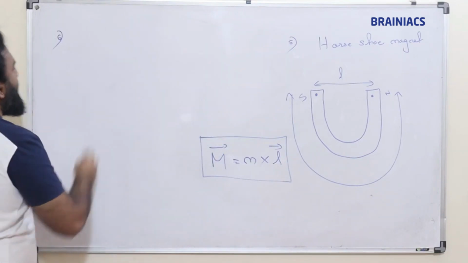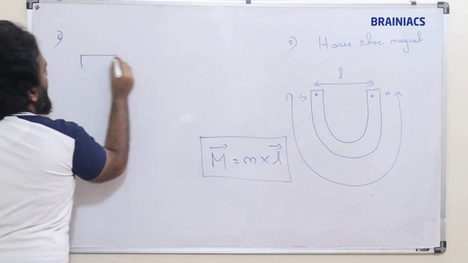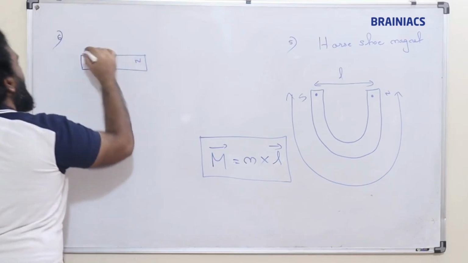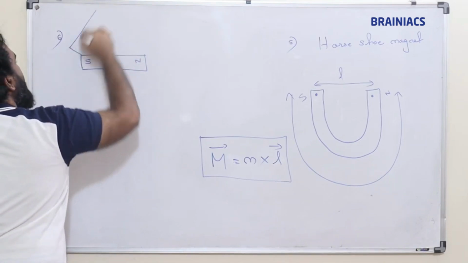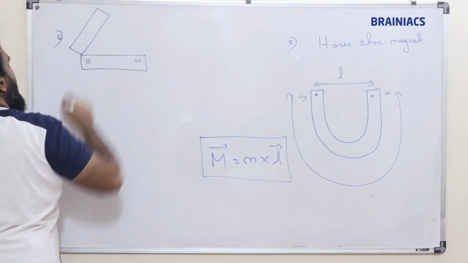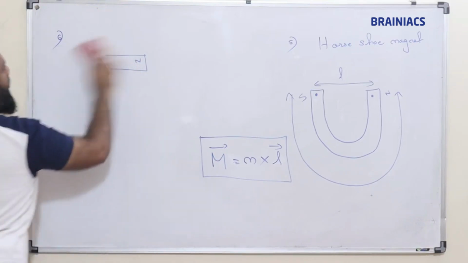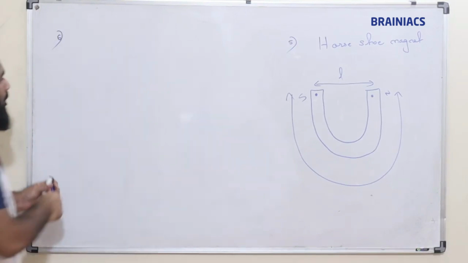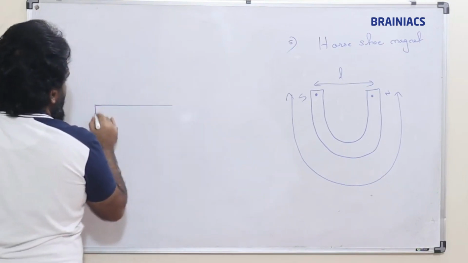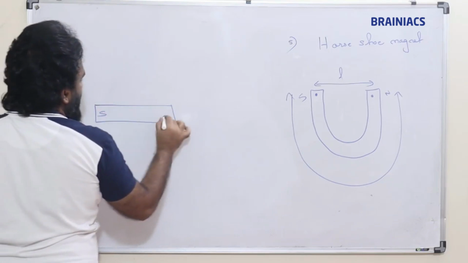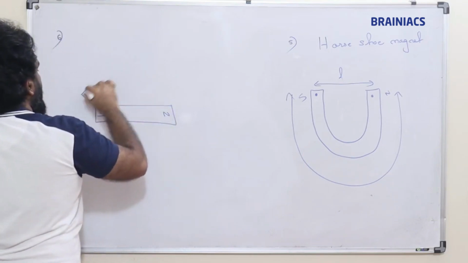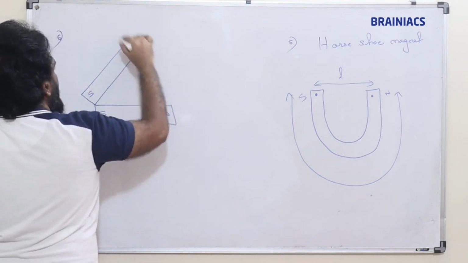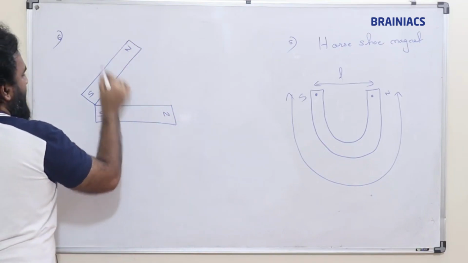Suppose we keep a magnet like this, south to north, and another magnet like this, south north. Now they are kept at an angle theta.